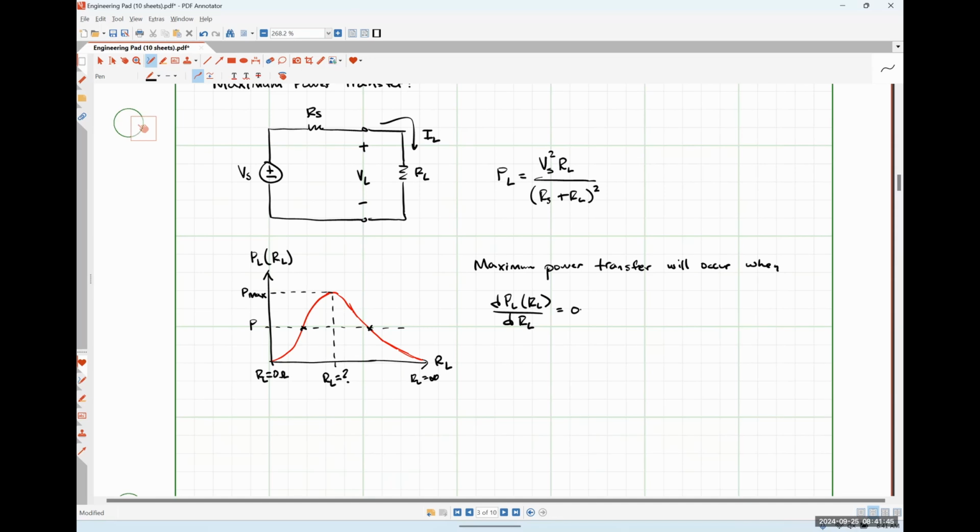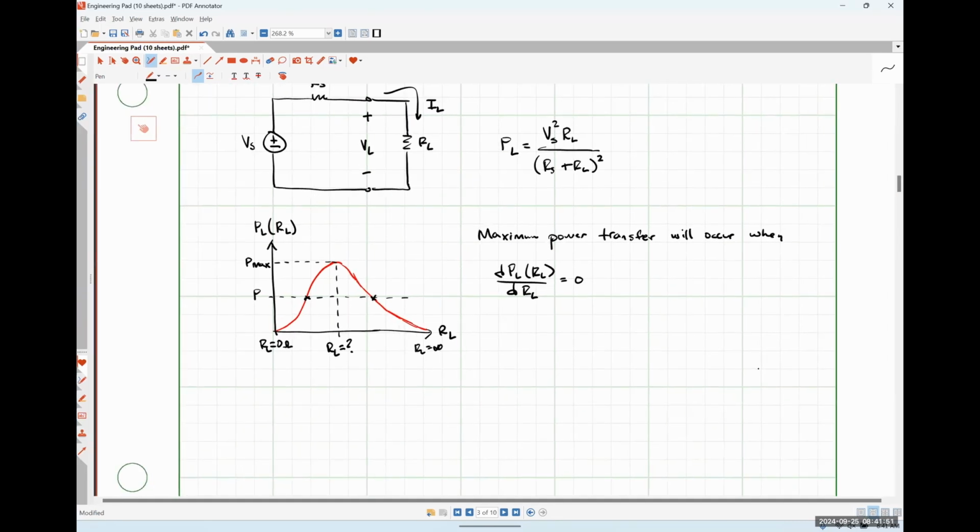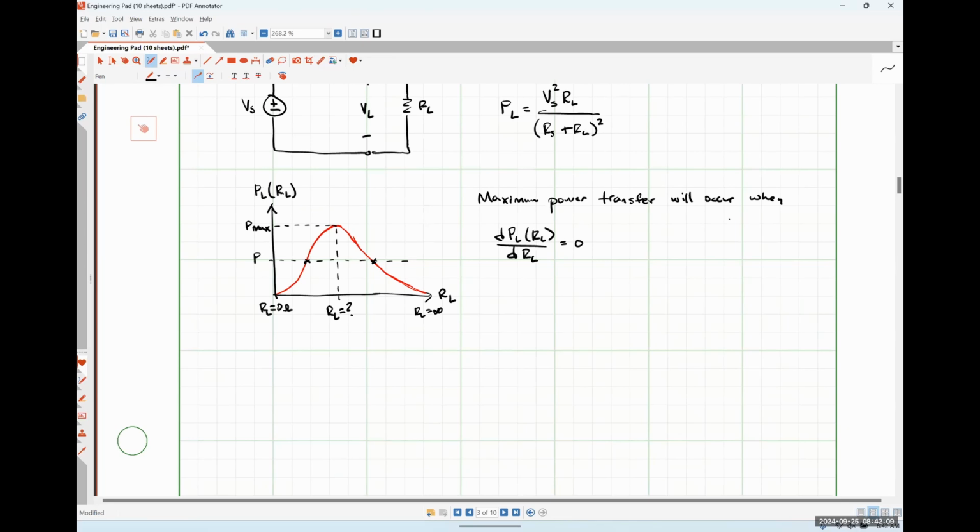This is something that you guys learned way back in 241, I believe, okay? So I need to take a derivative of this thing, okay? To me, I have a function of RL in the numerator and a function of RL in the denominator, so I need to use the quotient rule, right? So just as a quick reminder here, and by all means, tell me if I'm wrong.